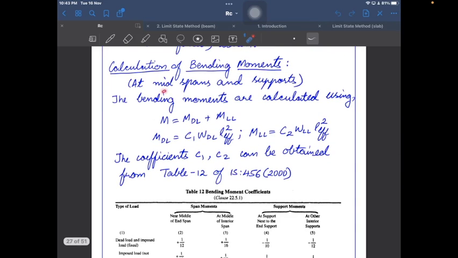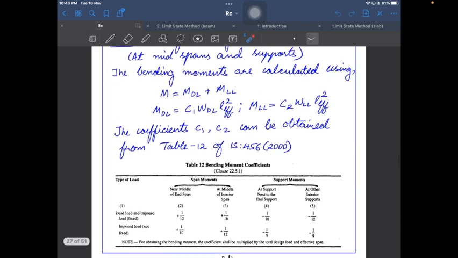We have got coefficients at mid spans and at supports. The bending moment is calculated using M equals M from dead load and M from live load, and M from dead load has C1 into W dead load, this is factored, and L effective.